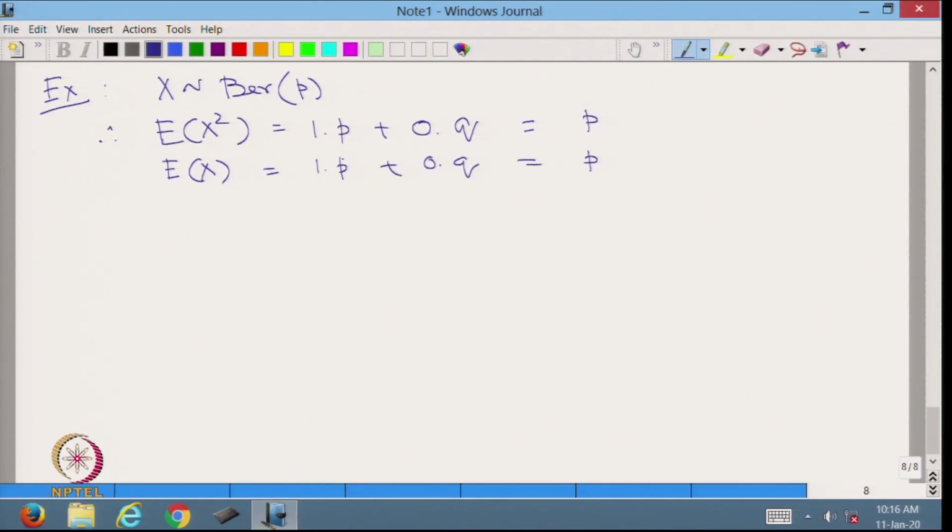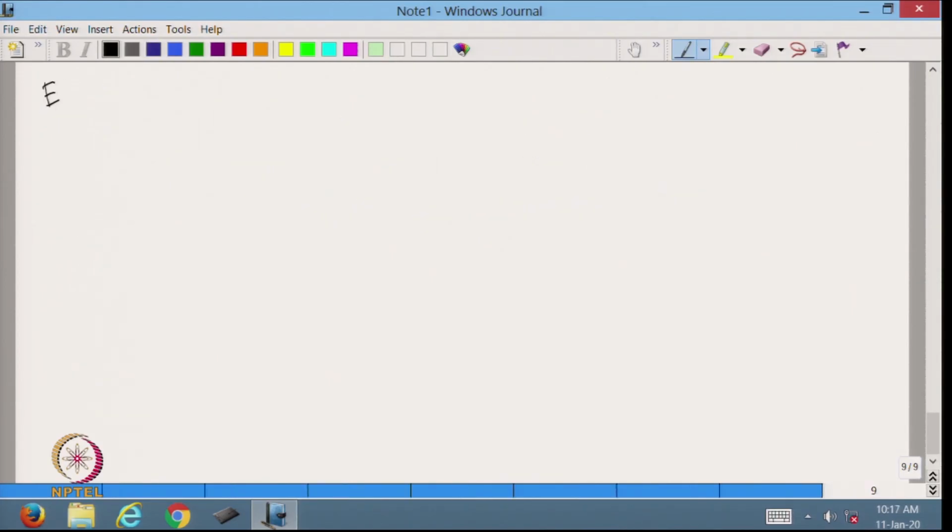This is obvious because X takes values only 1 and 0, 1 with probability p and 0 with probability q. Therefore, variance of X is equal to p minus p square, which is p into (1 minus p), equal to pq.